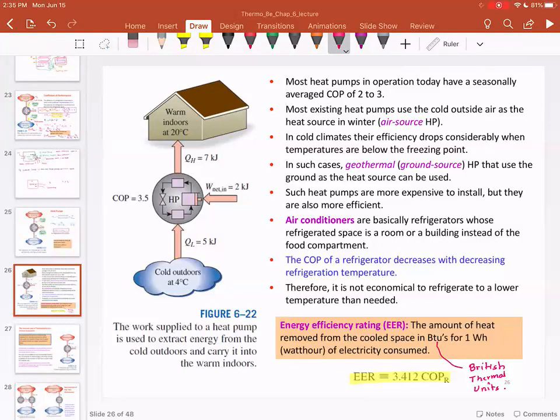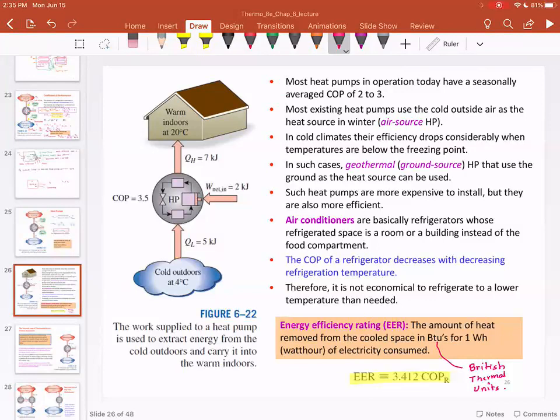So you want to be a little bit careful. EER is the amount of heat that is removed in BTUs for 1 watt hour of work or electricity consumed.